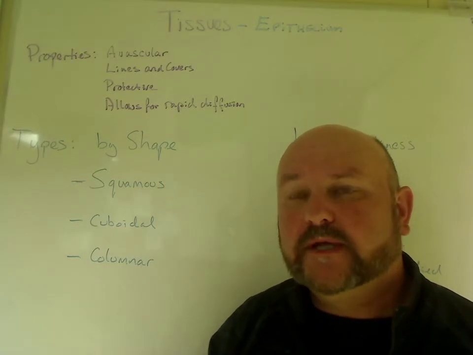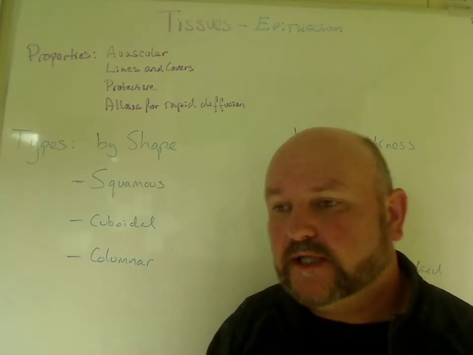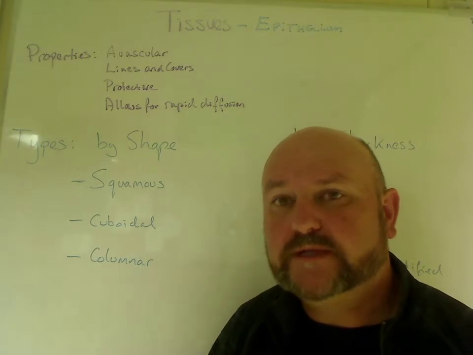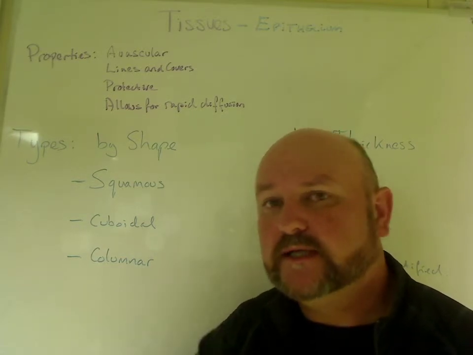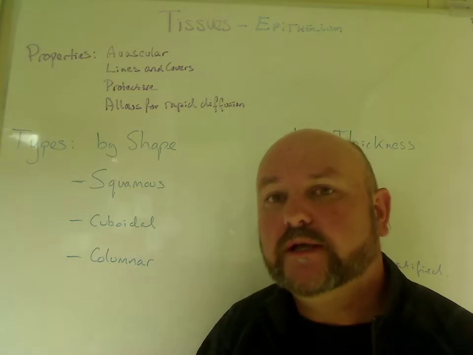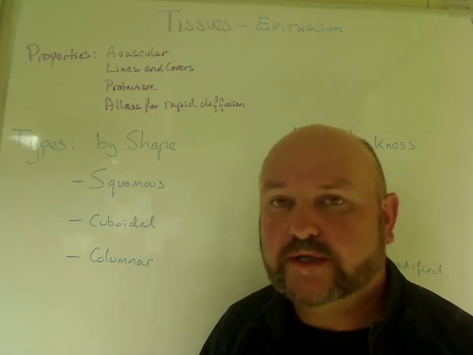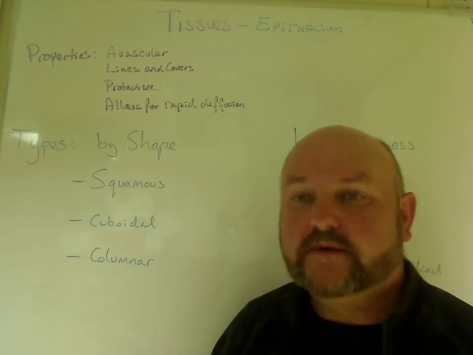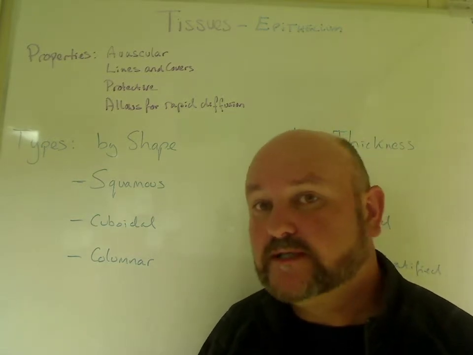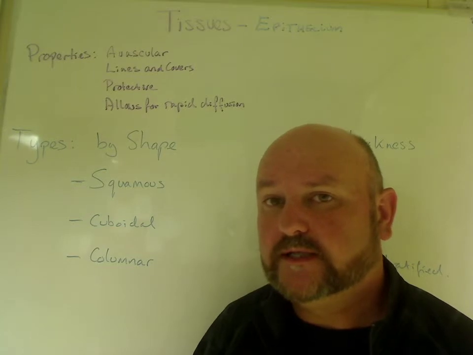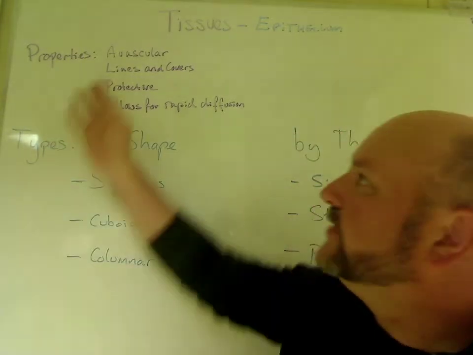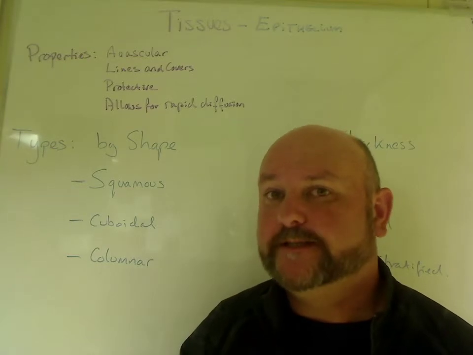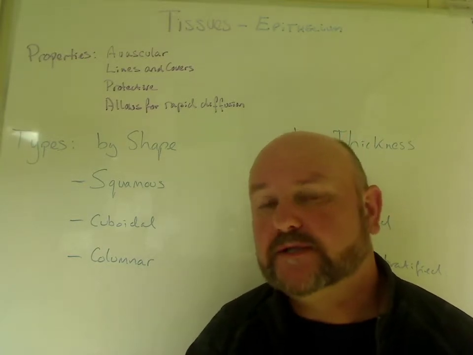That seems a little bit counterintuitive, because this is a lining, it's covering, it's a membrane, it surely must have blood supply, because that indicates that it's receiving oxygen and nutrients and able to get rid of waste products.